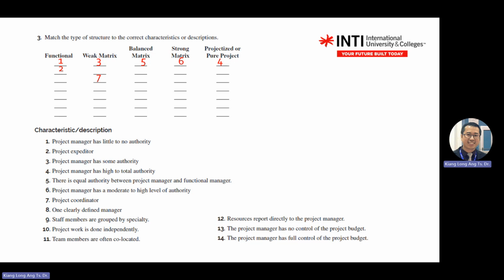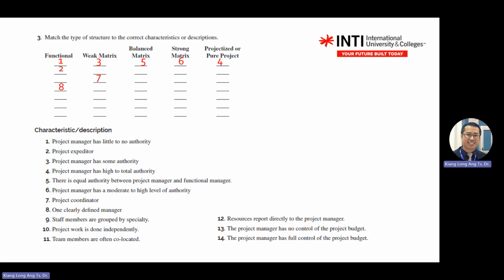Number 8, one clearly defined manager. Here it didn't mention project, so the manager here is functional. If you don't see project manager, it means functional manager. So number 8 is functional.